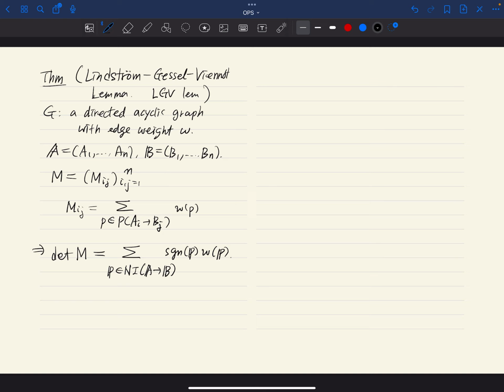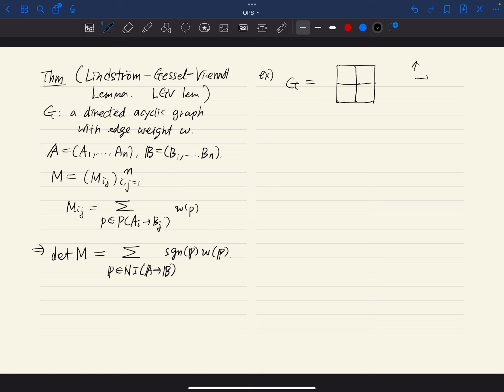This is the statement. It's quite long, and it seems quite complicated right now, so I'm going to show you an example. Before proving this, I'm going to show you why this is true for a simple example. Let's say G is this graph, these 9 vertices, with edges always going this way.